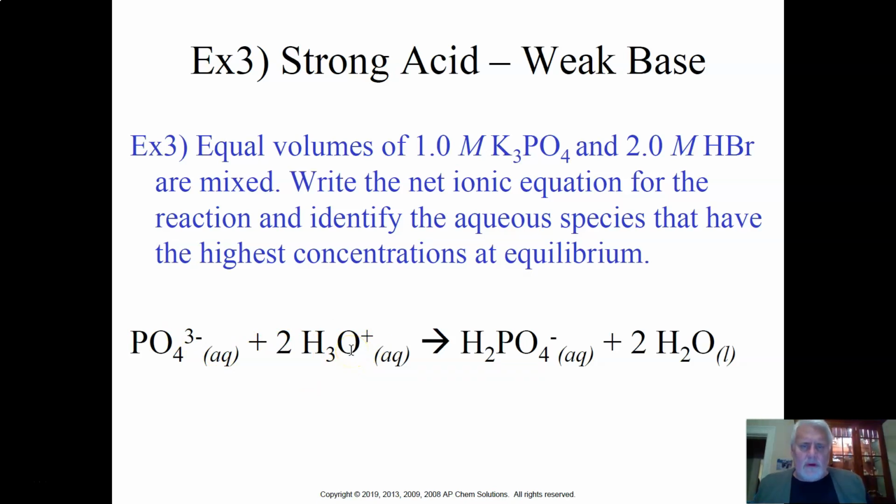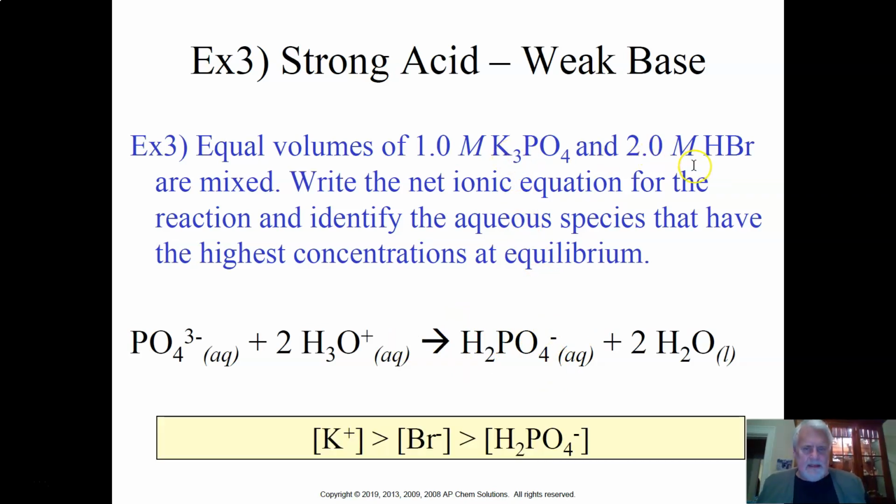Okay, so now identify the aqueous species that have the highest concentration. Well, this one's going to be in the running because it's a one-way arrow, and you also have some potassium and some bromide. And for this one, notice what they did here. They said potassium's going to be in first place because the molar concentration would be like 3.